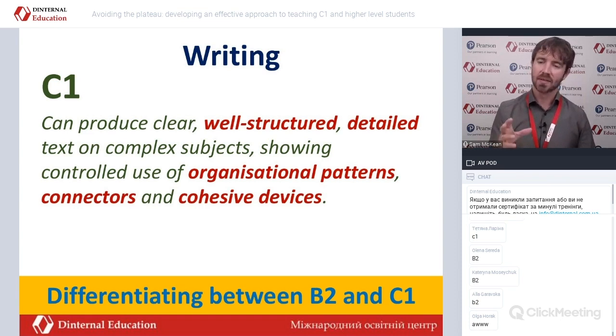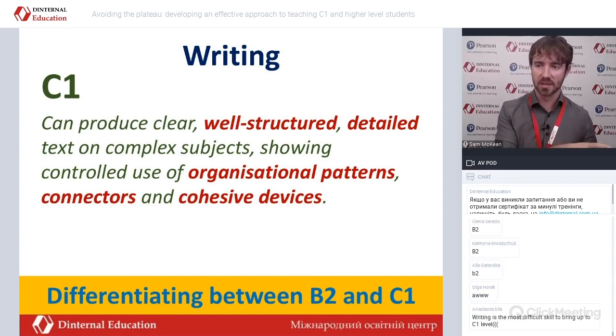The emphasis is more on students having a better command of the structural elements of writing, for example, the cohesive devices. Students should be able to use different registers and different structural elements depending on the genre and the audience of their text.